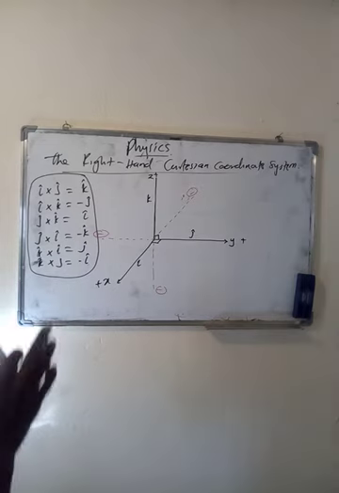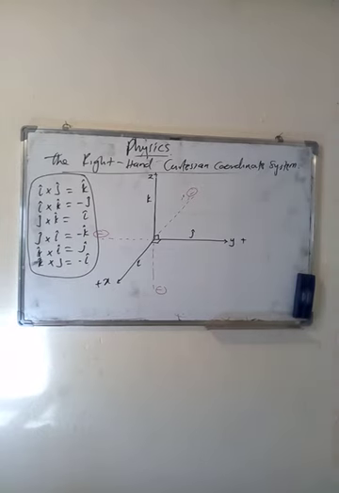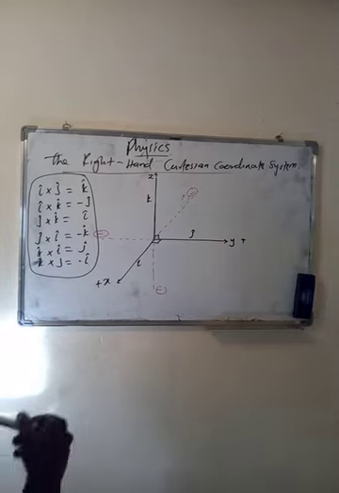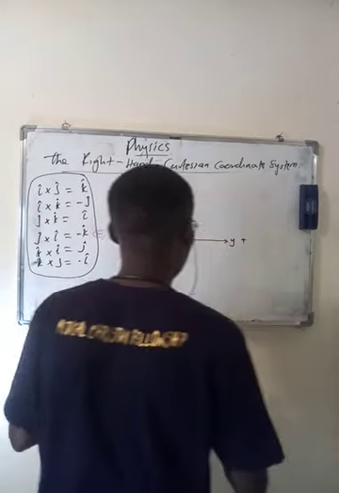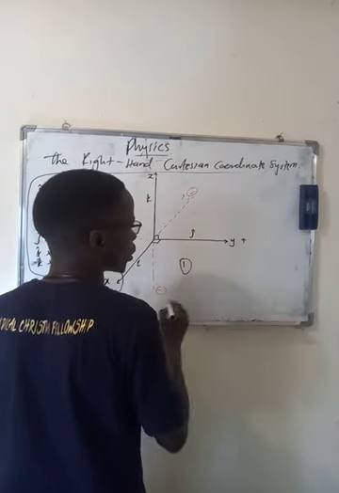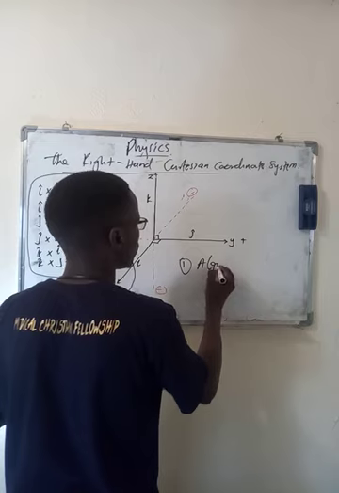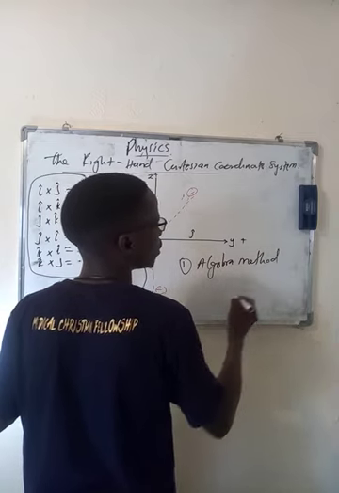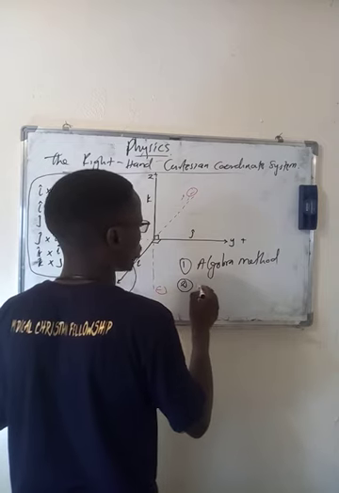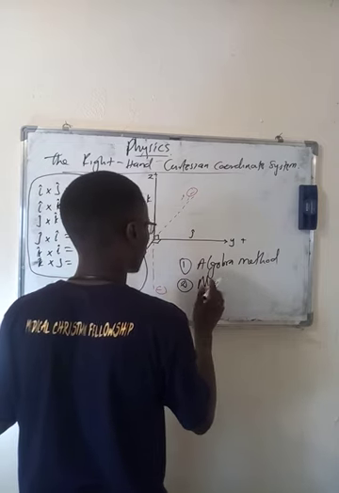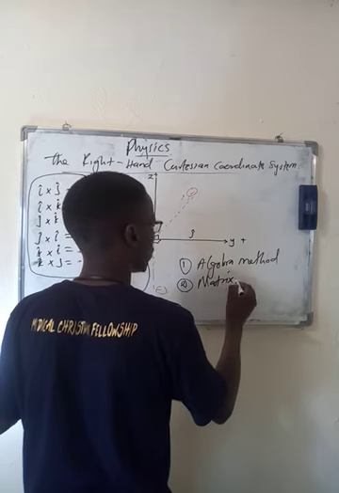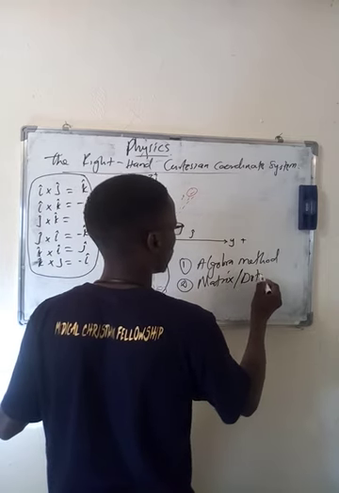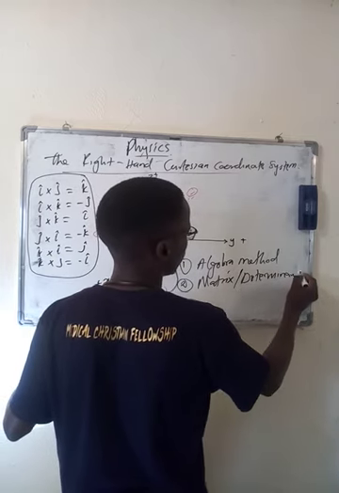So that was basically an introduction to the vector product. In the next video, I'm going to explain the two methods that we can use. Number one, we can use the algebra method, where we simply expand, and the other one uses the matrix, or determinant, method.